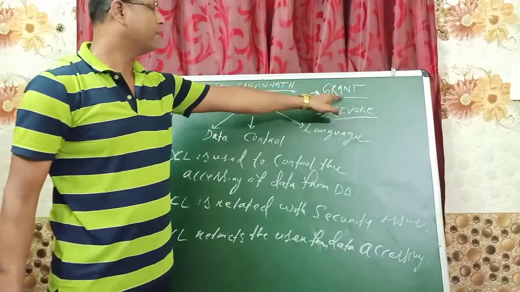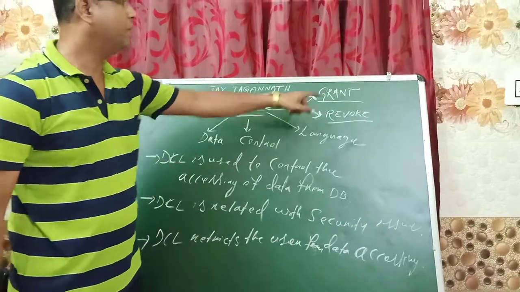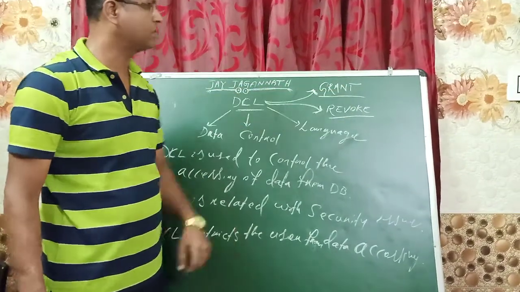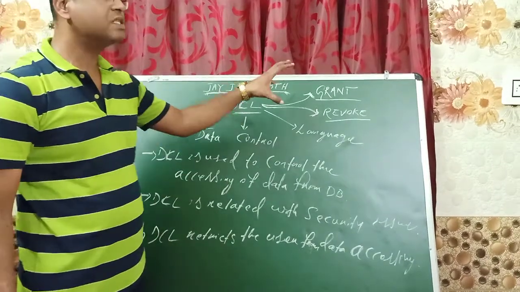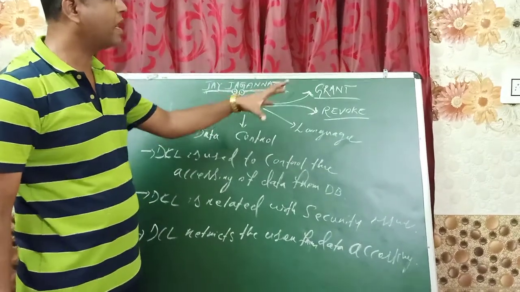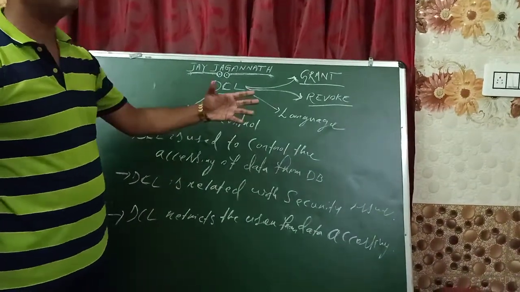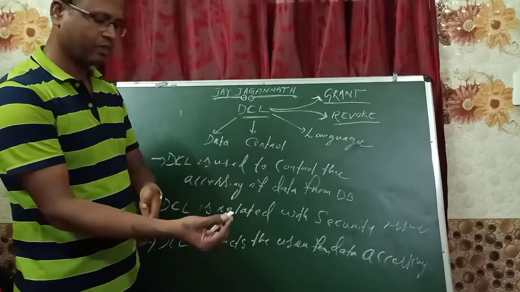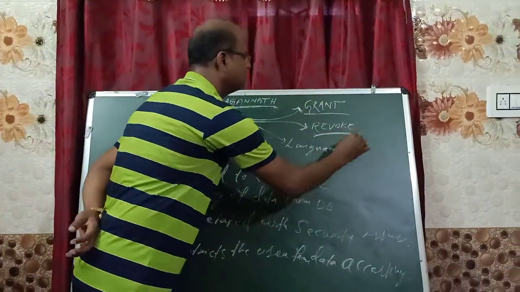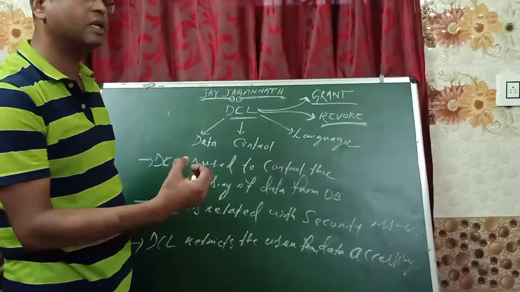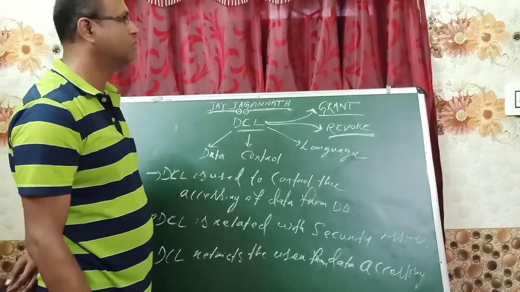With the grant command, the DBA can provide the privilege to the user to access the data. The grant command is used to give the privilege to the user for accessing the data, and the revoke command is used to return back that privilege from the user who has got permission previously.